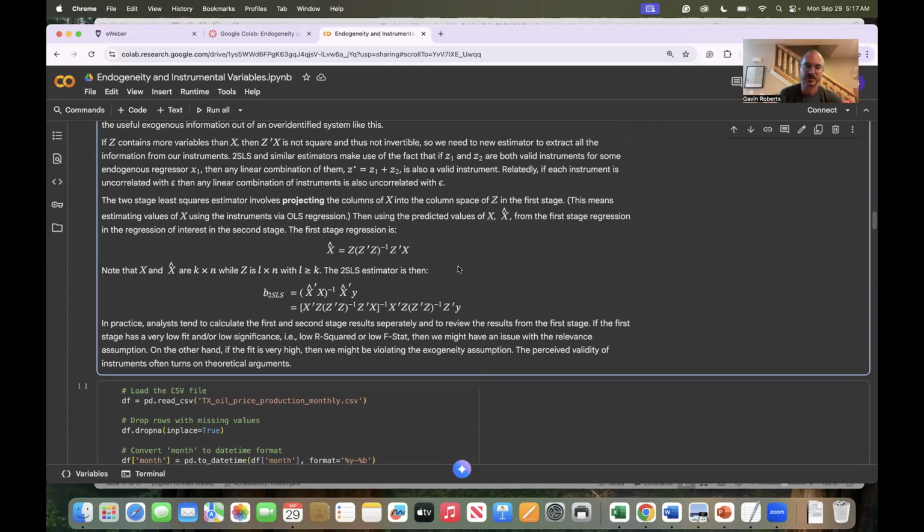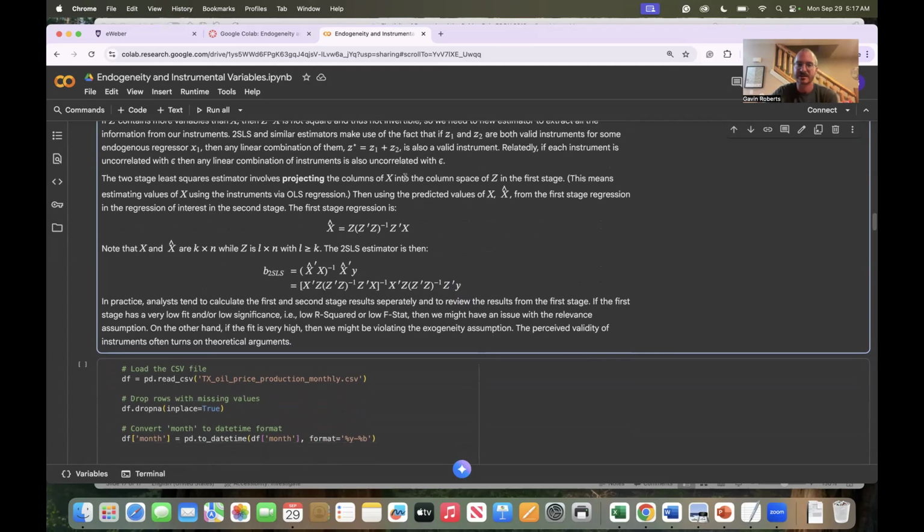So the two-stage least squares estimator involves projecting the columns of X into the column space of Z. This means estimating the values of X using the instruments via OLS regression. So literally, we just run a regression with X as the dependent variable on Z, the independent variables, in that first stage regression.